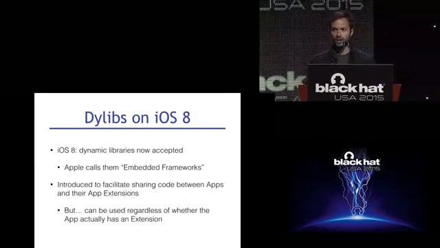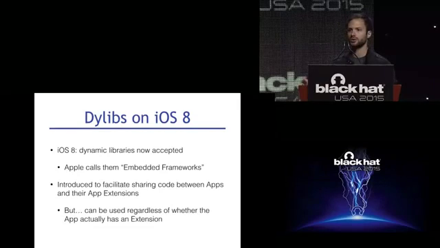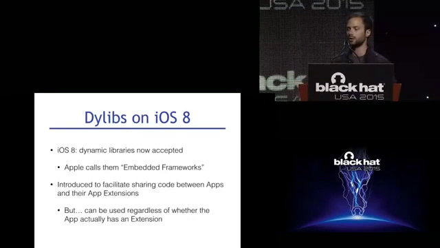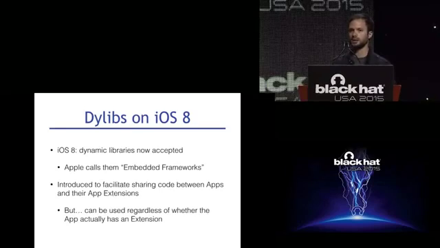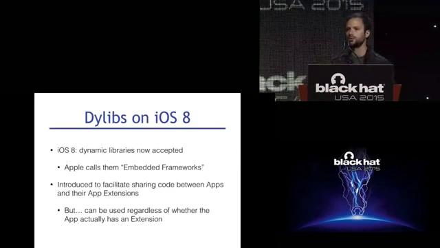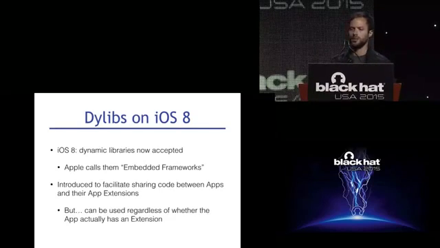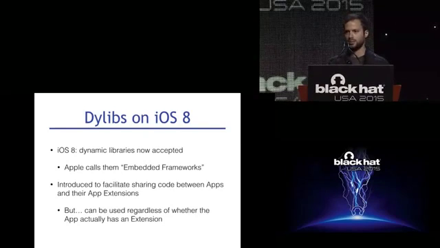But now that has changed in iOS 8, because Apple introduced app extensions, which allow developers to create functionality that is outside of the application context. So now you can create things like widgets for Notification Center or custom keyboards, Apple Watch extensions or photo filters. But none of these are part of the main executable. These are separate executables.